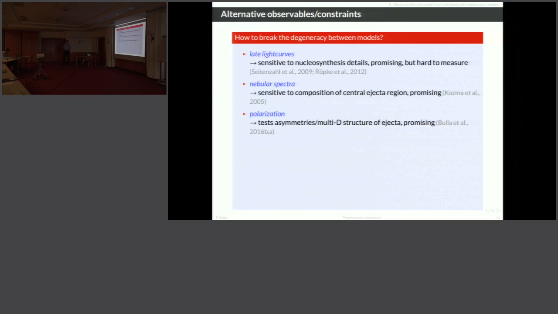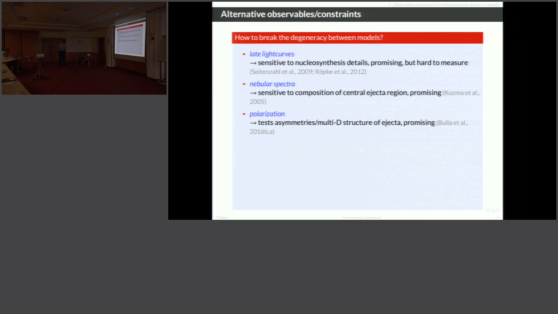The nebular spectra, as said before, test directly the inner part of the ejecta, and this is promising. Cecilia Kozma computed nebular spectra of one of our deflagration models, and this deflagration, of course, as I told you before, leaves behind this downdraft of unburned material near the center, and this was found to create a problem in the nebular spectra. You see a strong oxygen line in the predicted nebular spectra that is not seen in the observations.